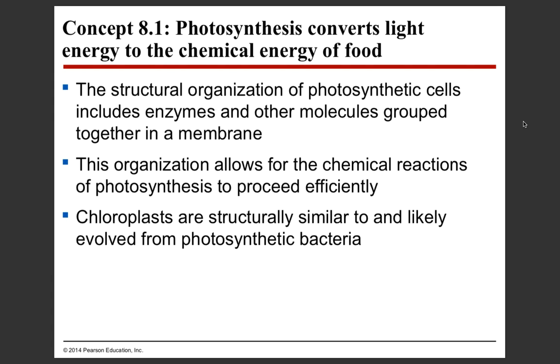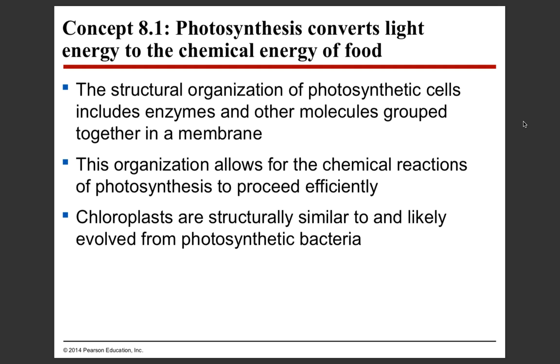Okay, so this process is highly organized, because it's a whole bunch of key players, and each one has a specific role, and you're going to see how complicated this gets later. But basically, we have a structural organization of our photosynthetic cells that includes enzymes and other molecules that are all grouped together within a membrane in order to help us carry out the process of photosynthesis.